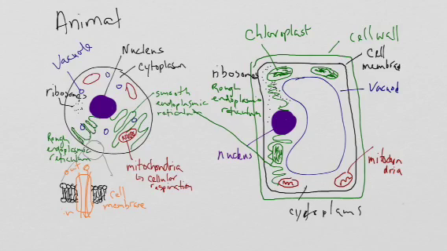Okay? Now, one of the other things that some animal cells have that plant cells never have are different tools that allow them to locomote. If this was a sperm cell, it actually would not have a lot of these organelles.